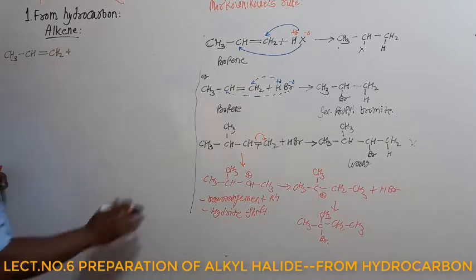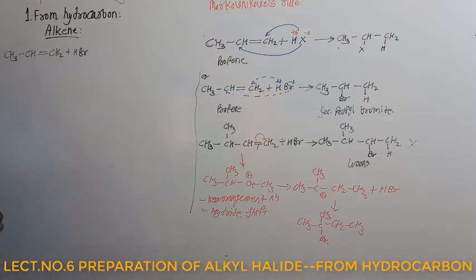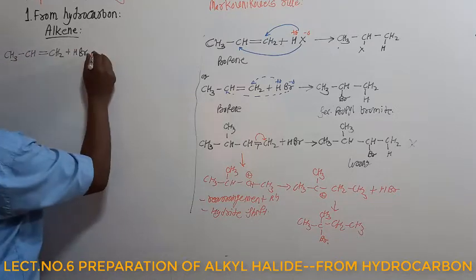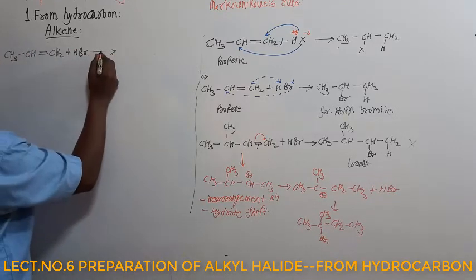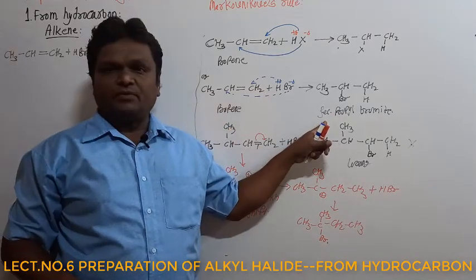If I'm going to react with HBr, let us see what will happen now. If I'm going to carry out the reaction by the same method, I'm going to get secondary propyl bromide.